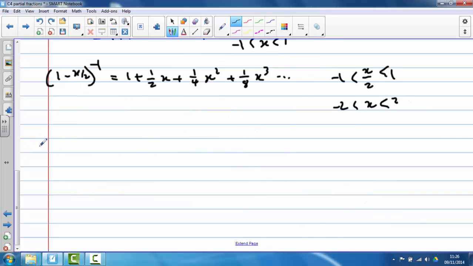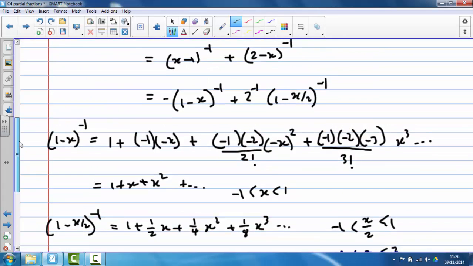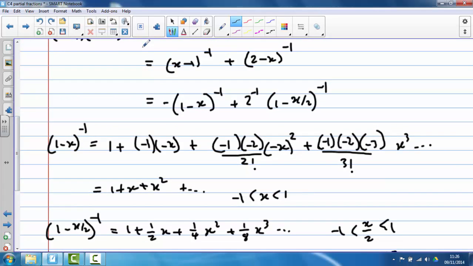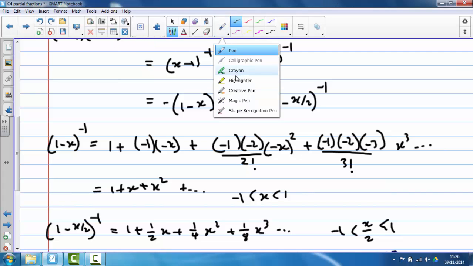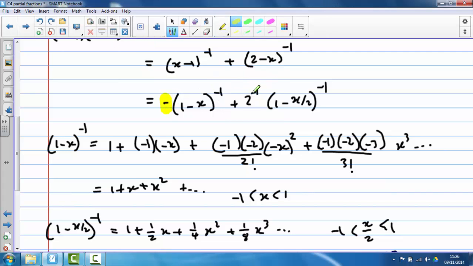If we were now to combine these, don't forget at the top we've also got these coefficients at the front of the expansion which we haven't put in during our expansion.